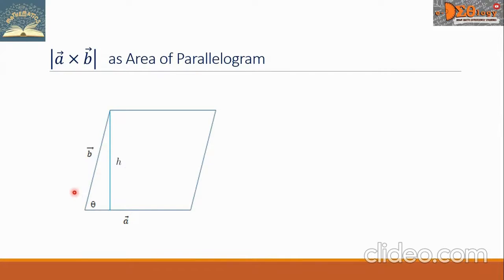From the right triangle form, we can say that sine theta equals h, or the height, all over the magnitude of vector B. Manipulating this, we will get the value of h equals the length of vector B times sine theta. Now for the area of parallelogram, that is equal to base times height. Looking at our figure, the base here is the vector A, and the height is h, the value is in here.